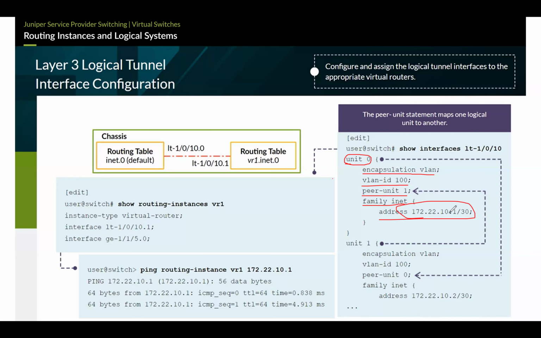One side IP address is standard 1, another side IP address is standard 2. It is just a point-to-point connection between two routers. On one side they use unit 0, on the other side unit 1, pairing unit 0 with its peer unit. So this is basically a sample configuration of LT interfaces.